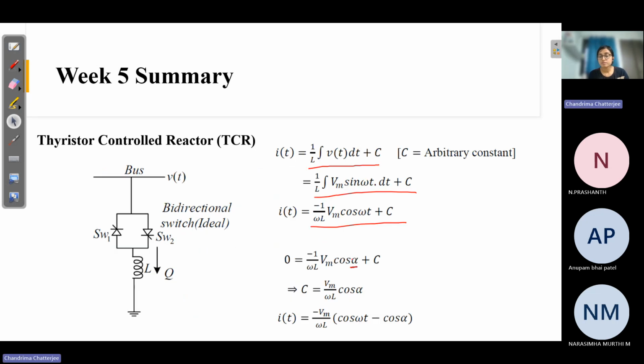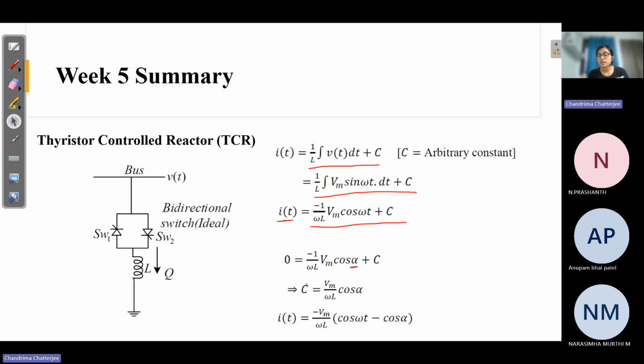When omega t equals alpha, at that instant, the current is zero, because that's when the conduction starts.